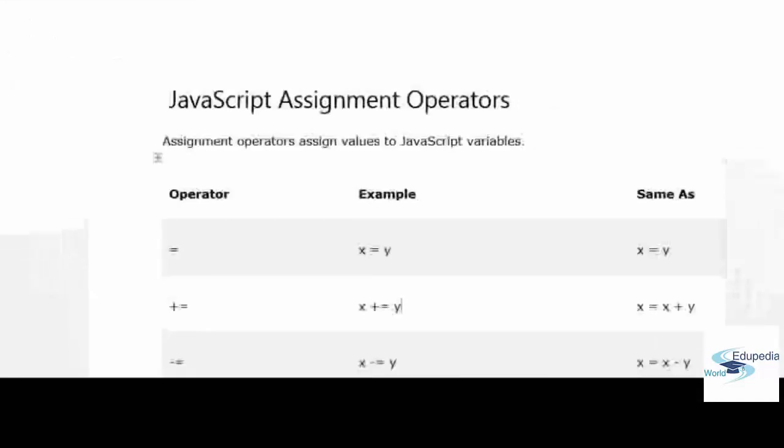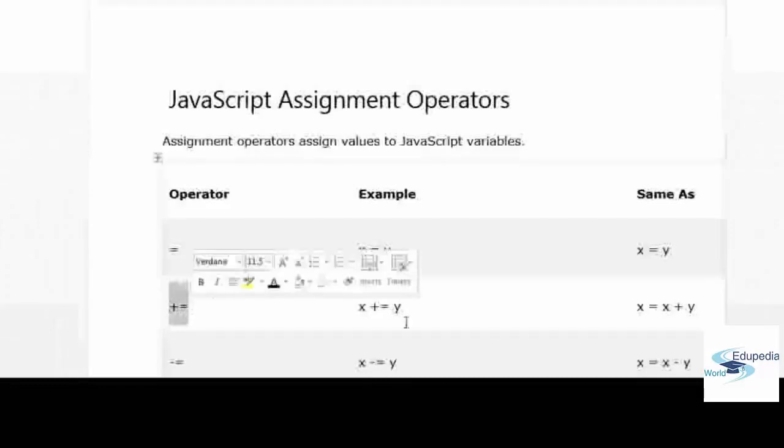There you go. The plus equals to operator, the answer is 15. Remember what I said here, the plus equals to operator means x plus equals to y, which means x is equal to x plus y.